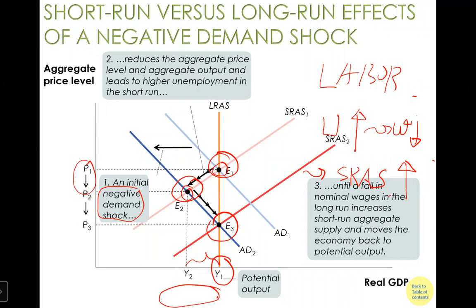So from these two slides, you can see, regardless of whether it is a positive demand shock or negative demand shock, over time, the economy is going to adjust. It's going to respond via adjusting in labor costs. And eventually we will return to our potential output. Right? So this is what happens.